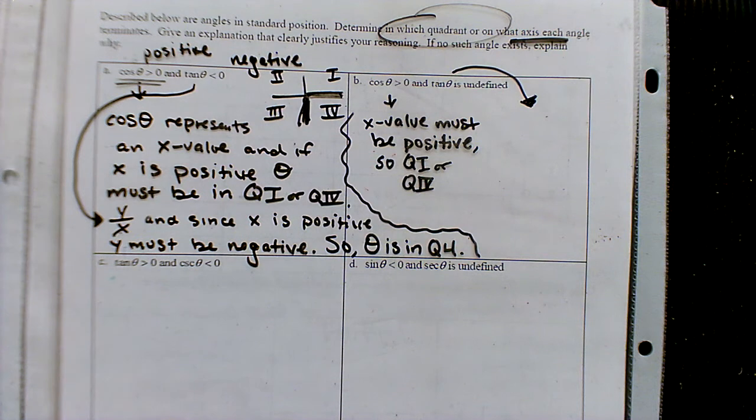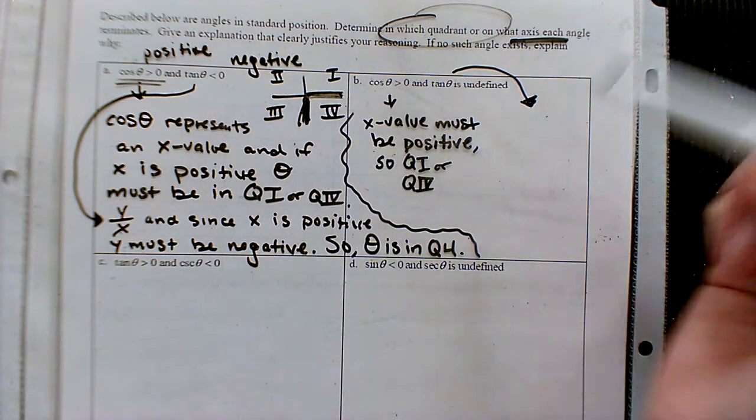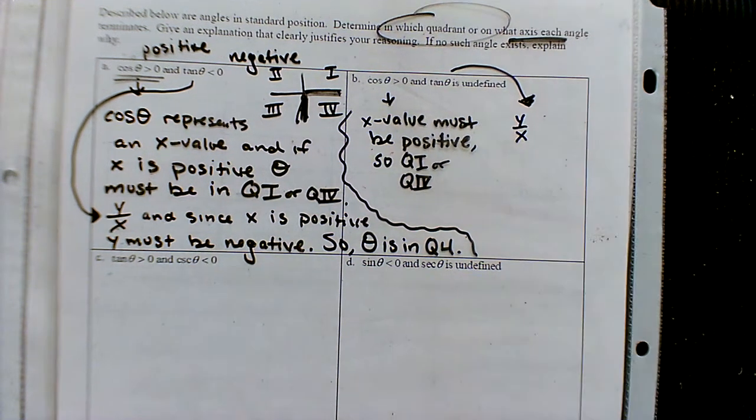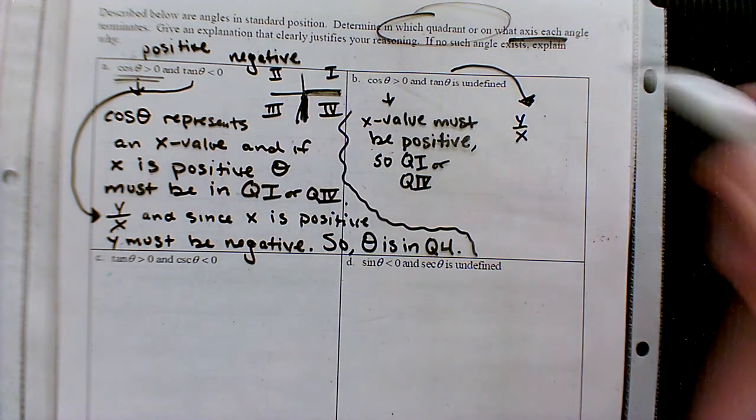All right, let's try the next one. So tangent, we said, was y over x. This time, they're telling us tangent is undefined. So in terms of a fraction, what would make a fraction undefined?